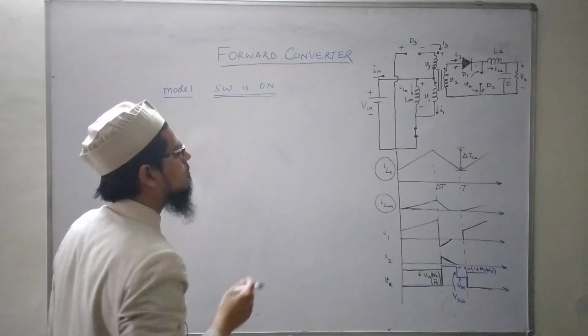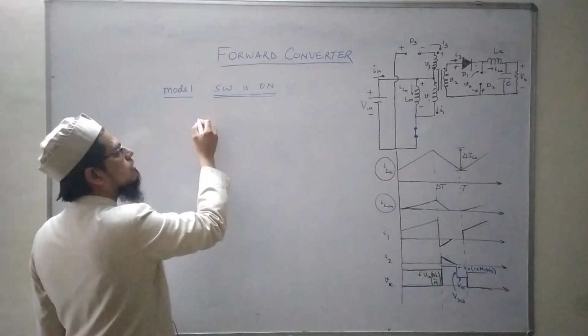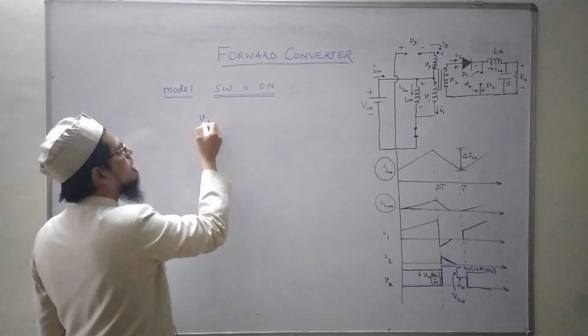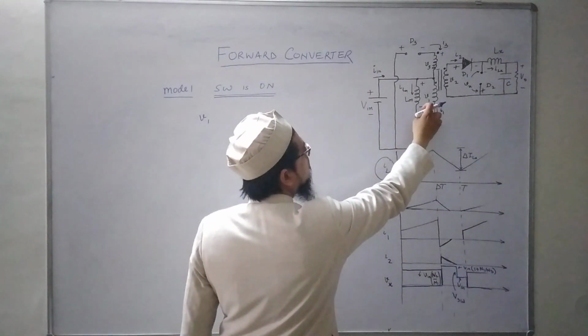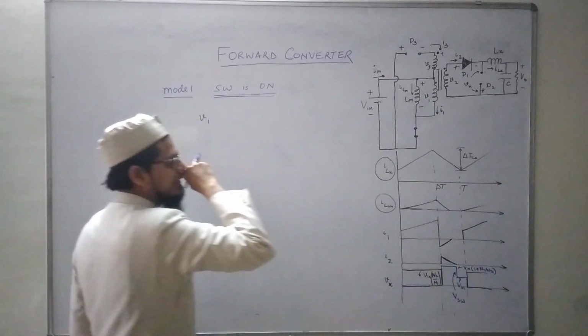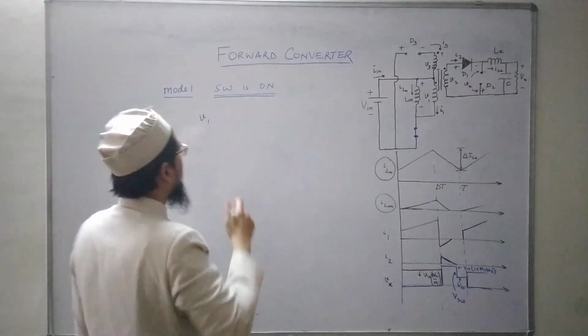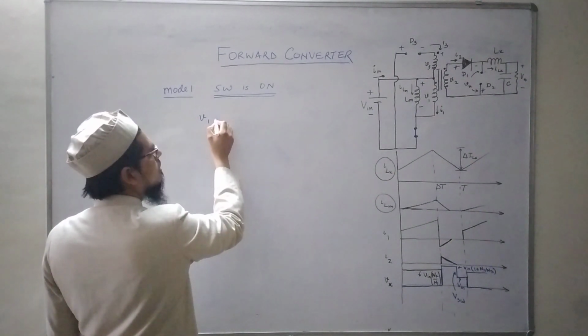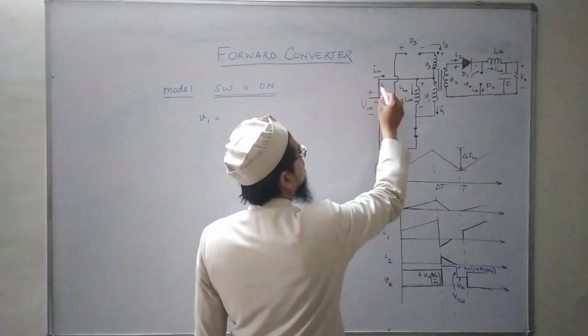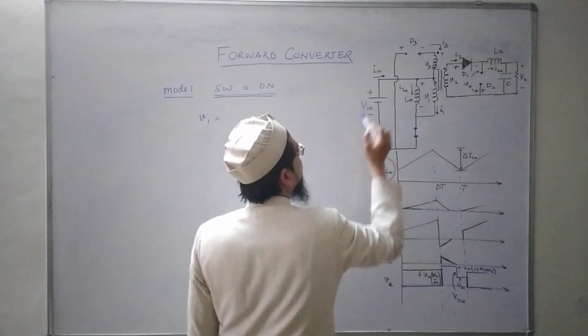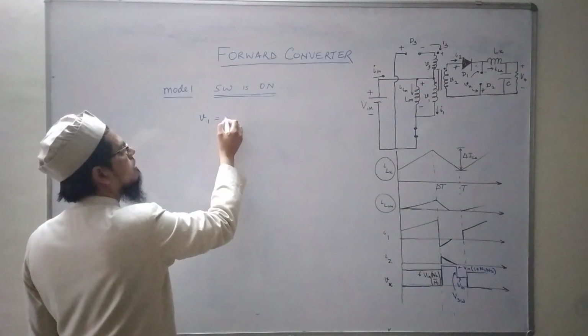Let us try to write down the various equations. V1, which is the primary side voltage of the transformer: if I apply KVL in this loop, we could see that V1 is equal to V in.